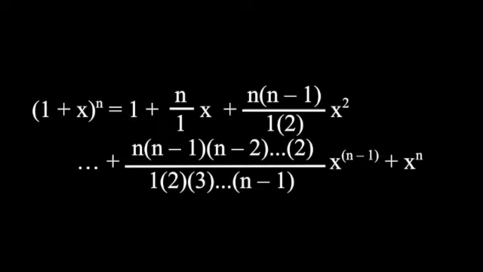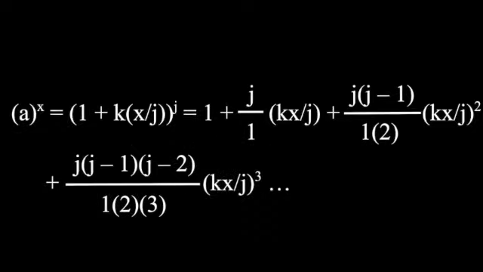Therefore, (1 plus x) to the n equals 1 plus n over 1 times x plus n times n minus 1 over 1 times 2 times x squared, all the way to x to the n. But we're raising 1 plus kx over j to the j power, where j is infinitely large. That makes this series have infinite terms because the power is infinite.